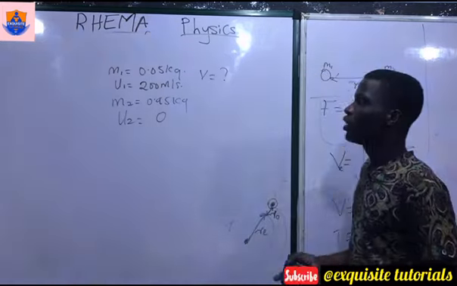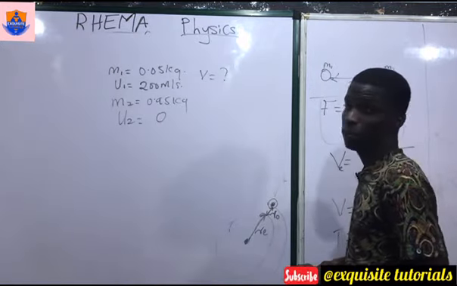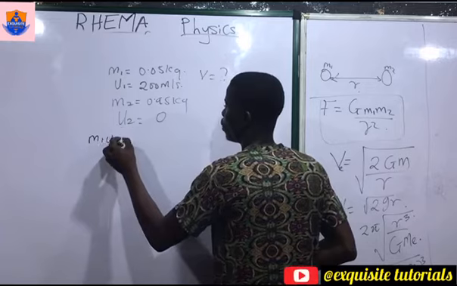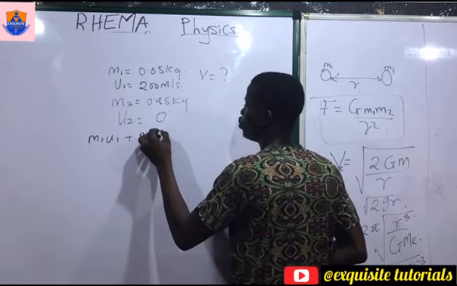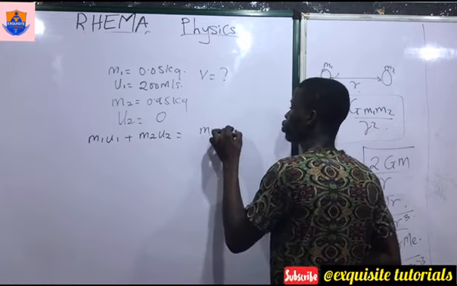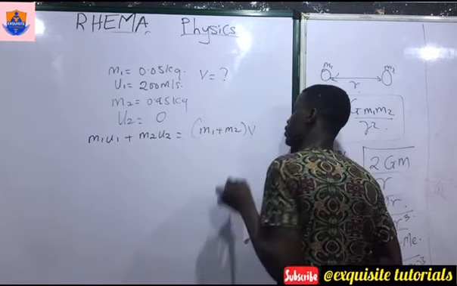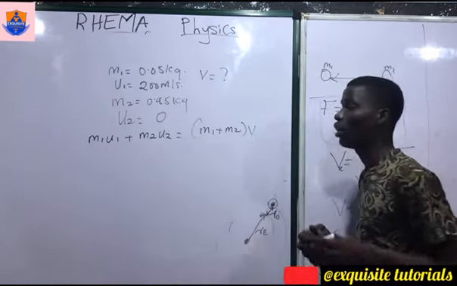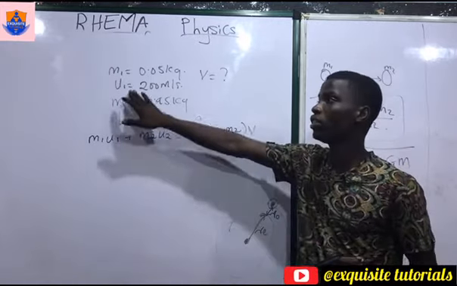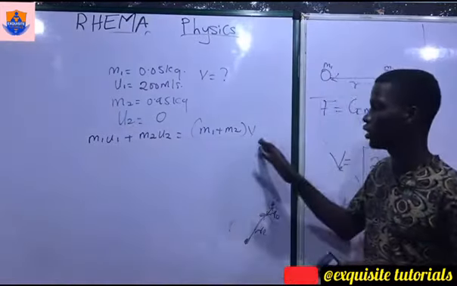Now in an inelastic collision, the formula for solving it is m1 u1 plus m2 u2 is equal to (m1 plus m2) times v. This is the m1, this is the m2, this is our v.